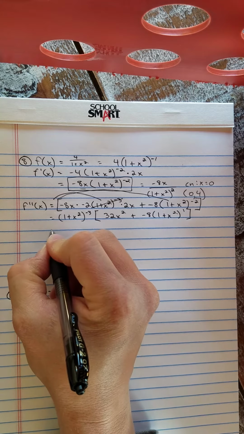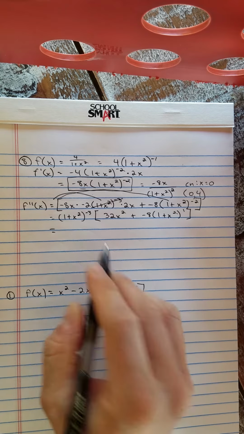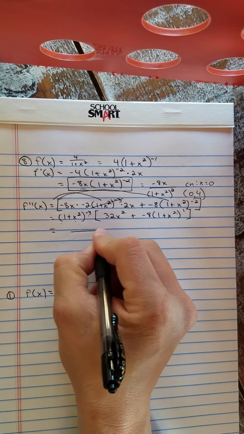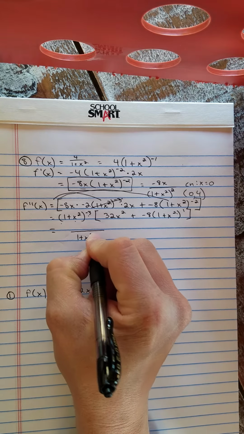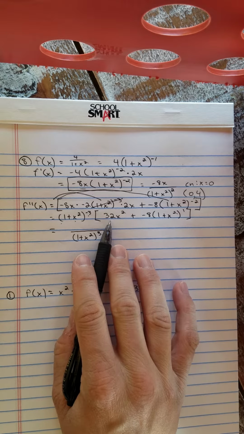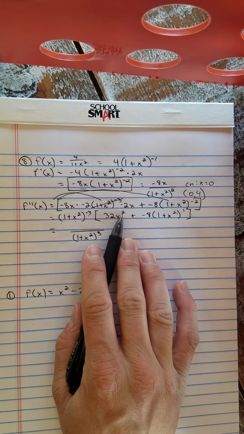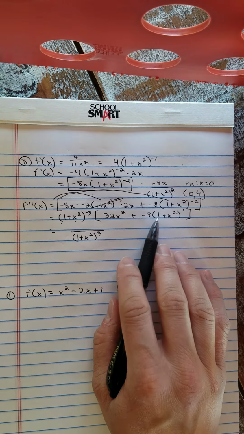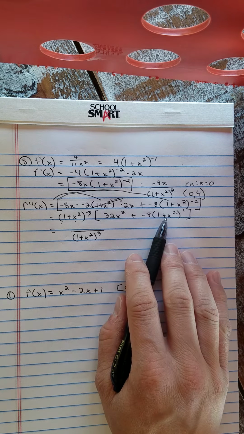So I'm going to do 2 steps at once here, okay? I'm going to move these 1 plus x squareds to the bottom of a fraction, 1 plus x squared to the 3rd power, and I'm going to clean up the top. 32x squared, it's going to be plus -8, but then also -8x squared.